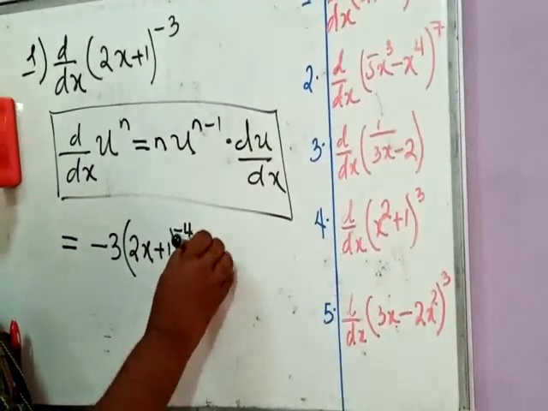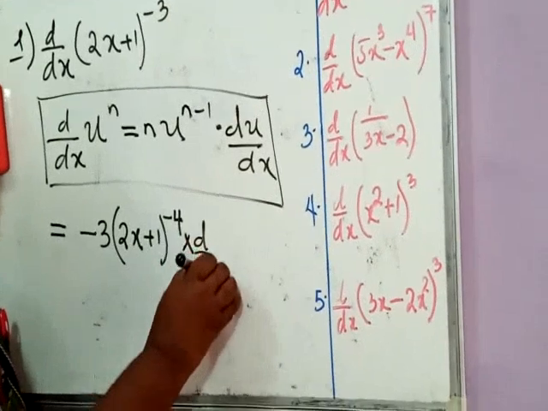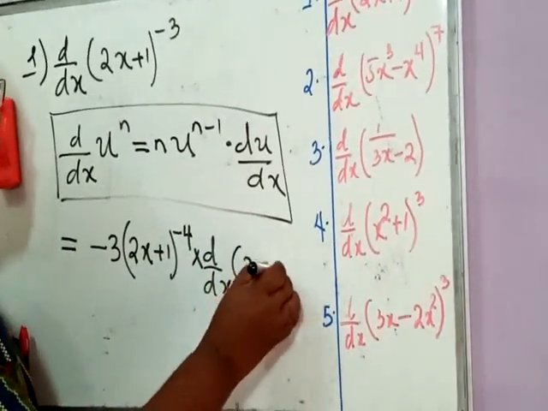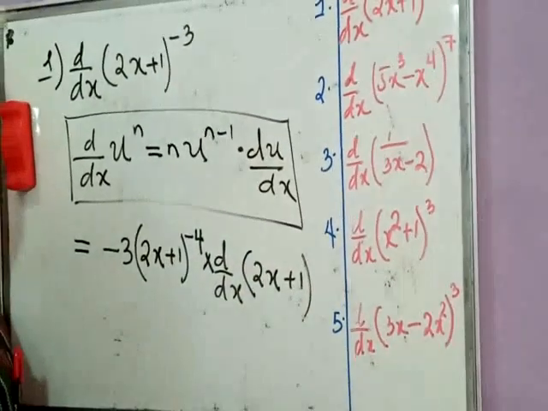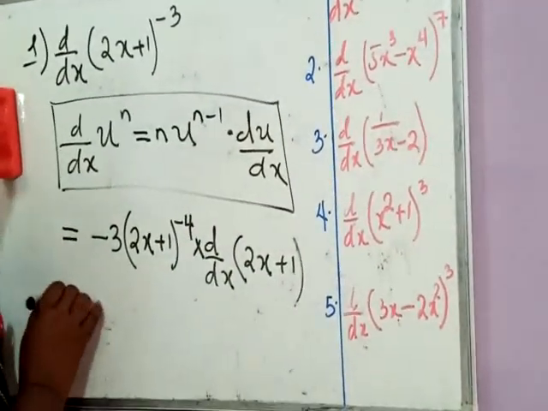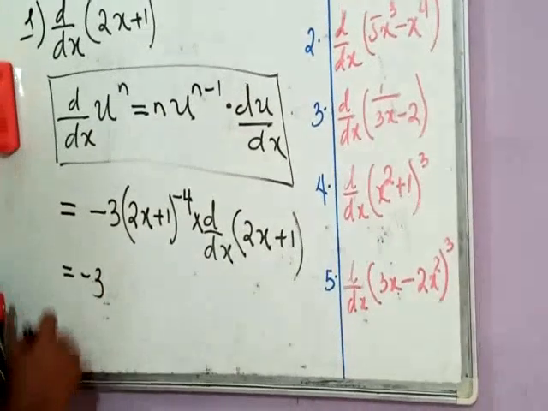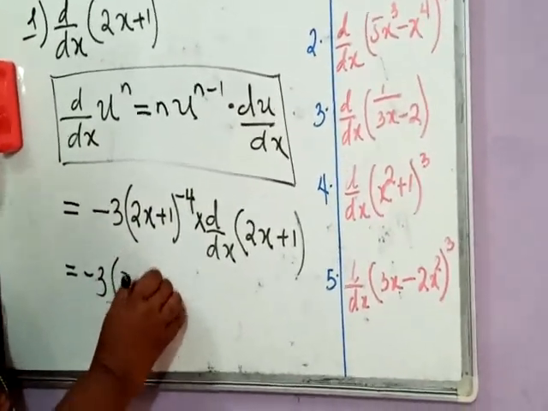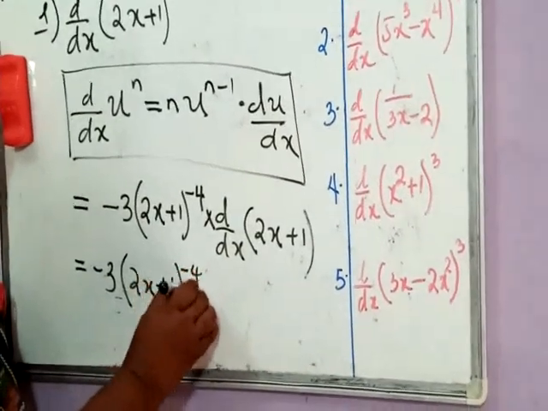Then all this is multiplied by the derivative with respect to x of 2x plus 1. So this becomes equal to negative 3 times 2x plus 1 raised to the power negative 4.